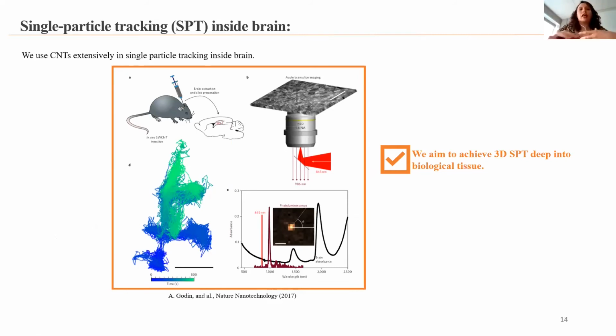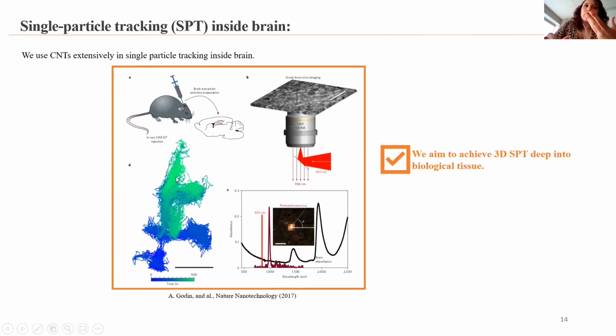And what do we do in our group? We take mice, we inject the carbon nanotubes inside the brain of the mice. We take slices of the brain, and we use super resolution imaging techniques to image these nanotubes.